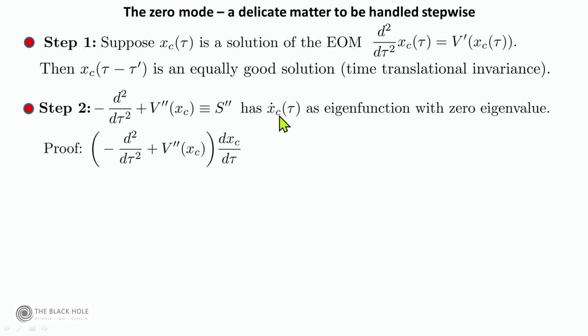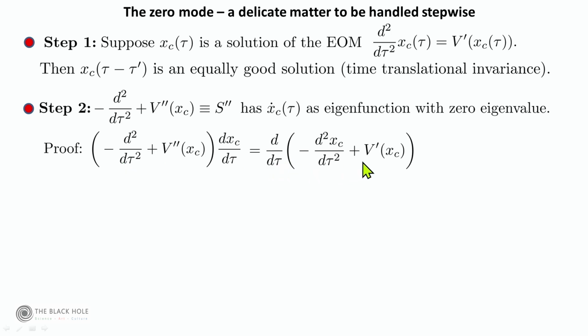And now let's check to see if that's true. I'm going to operate on xc dot, which is the same as dxc by d tau. Now, d by d tau commutes with d2 by d tau squared, so I can take this out. And you see, I have taken that out.